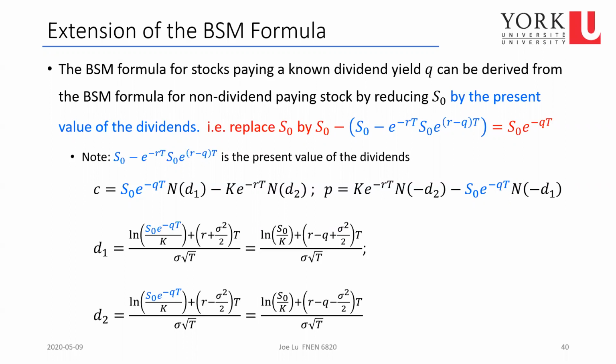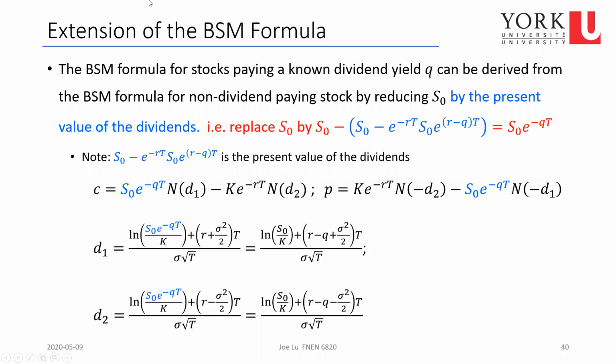Because for a call, you have to have at maturity S minus K, but that S is smaller than otherwise. So if you have dividend payment, the S will be smaller compared with no dividend payment. So you should account for that.